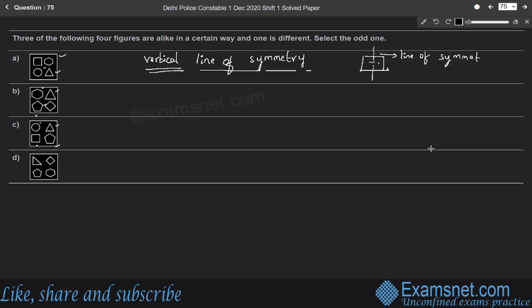Whereas in option D, the rhombus has a line of symmetry, the hexagon has a vertical line of symmetry, and the pentagon also has a vertical line of symmetry. Whereas the right angle triangle doesn't have a vertical line of symmetry, right? Because the side itself is vertical, so it doesn't divide the triangle into two equal parts. Therefore, option D is the odd one.